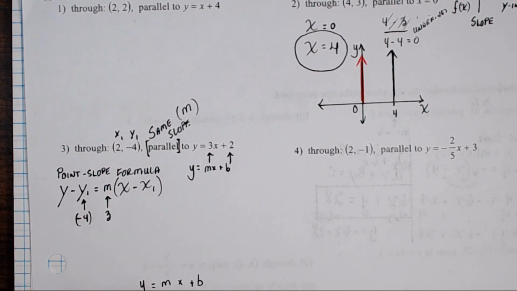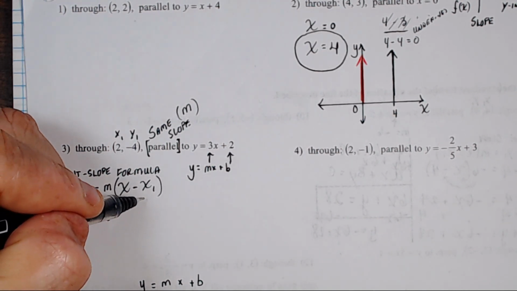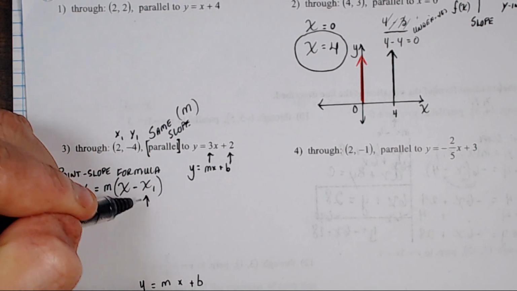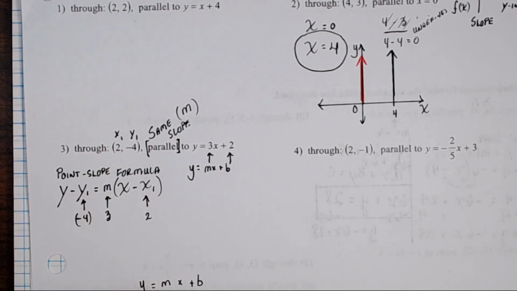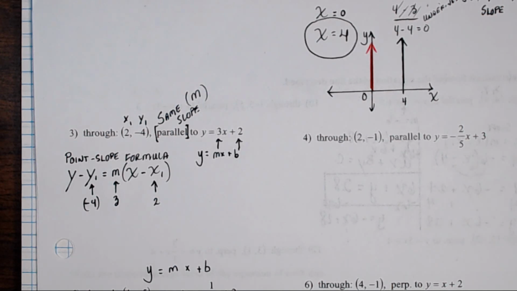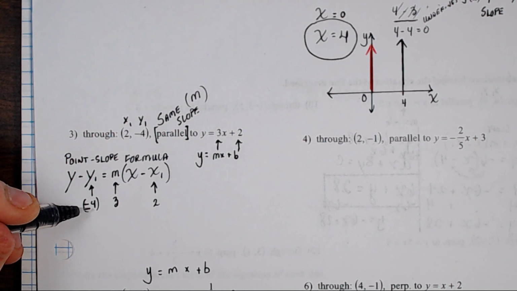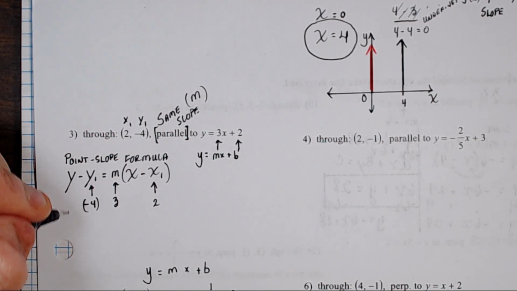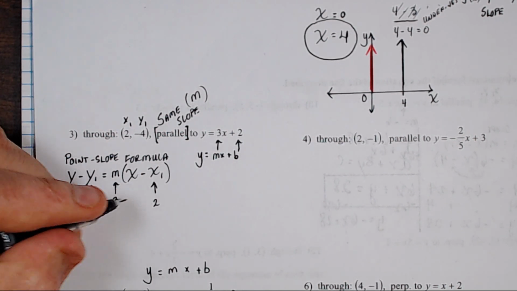Be careful with that negative sign. And then for x1, we'll plug in a 2. It's really a game of plugging in values. They call this substitution. We're substituting the negative 4 for y1.